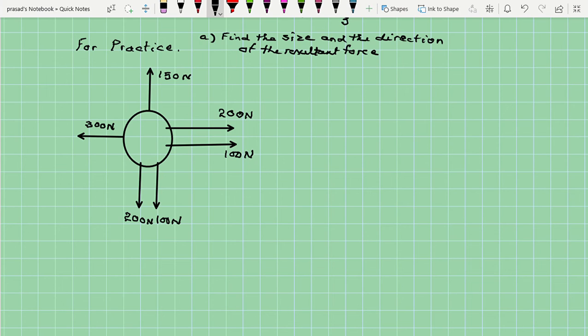And second part, describe the motion of the object.